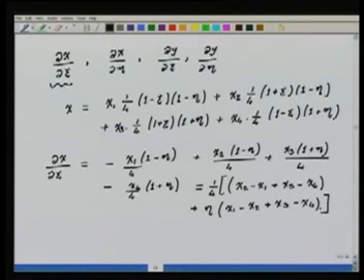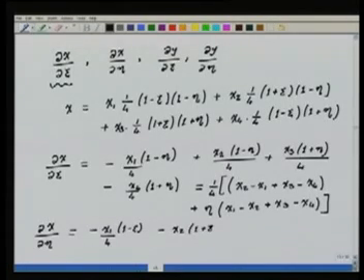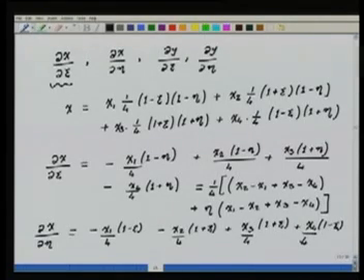Similarly, del x del η is equal to minus x1 into (1 minus ξ) by 4, minus x2 into (1 plus ξ) by 4, plus x3 into (1 plus ξ) by 4, plus x4 into (1 minus ξ) by 4.